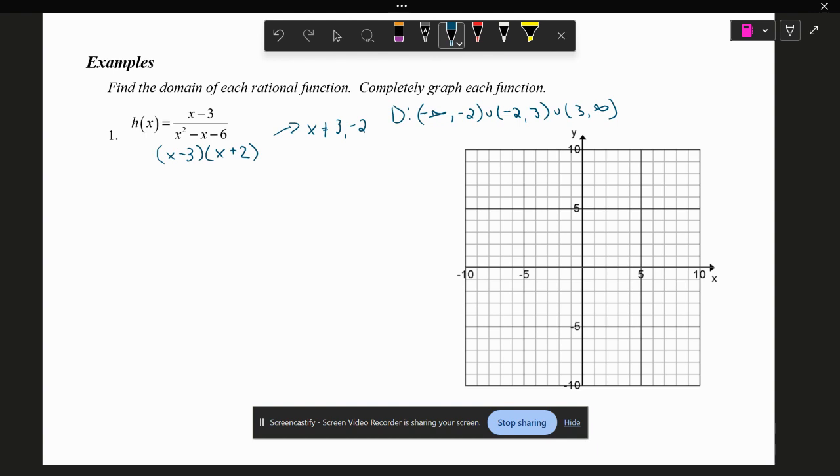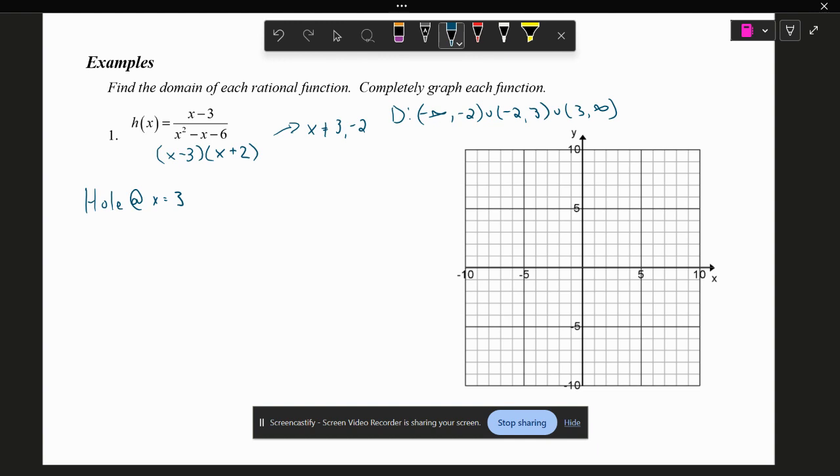By factoring this, I'm going to go down through each step for you just to show you what I'm looking at. First thing is, do I have any holes? I do. I have a hole at 3. So wherever my graph is that x is equal to 3, I will have a hole.